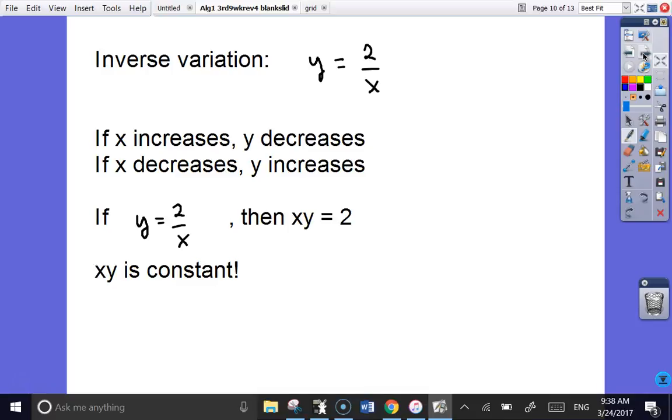That never changes. And it's not always 2. I'm just using 2 as an example, okay? Could be xy equals 4 or 10 or negative 5. Okay. So that's inverse variation.